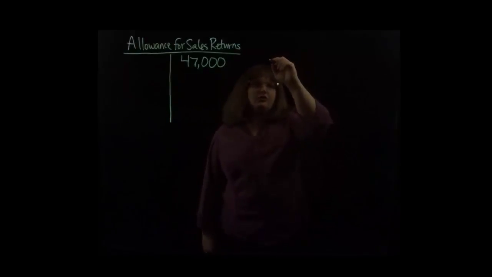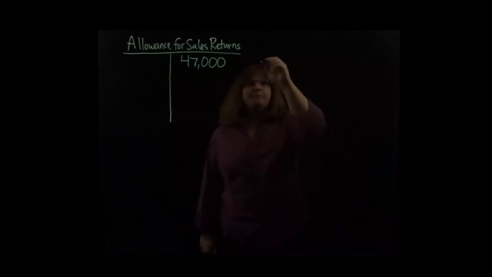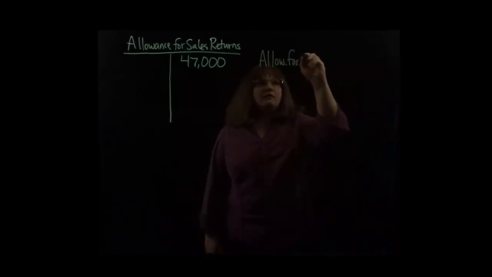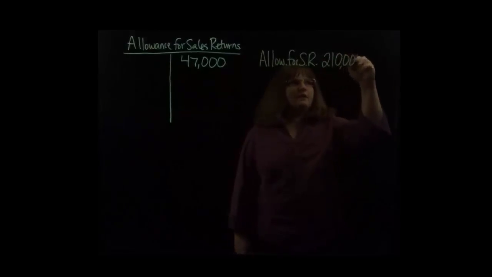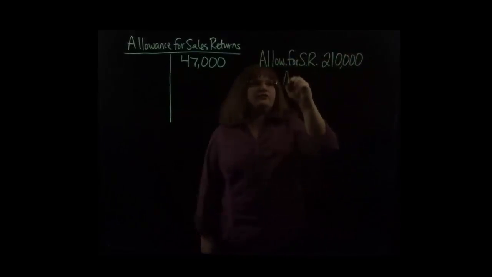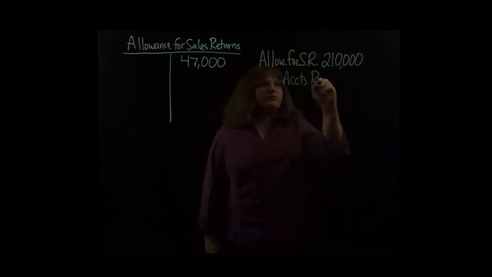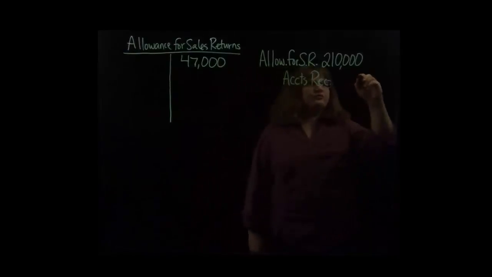When they return those, the entry that we would make, given that we use the allowance for sales returns method, is we would debit the allowance for the $210,000, and we would credit accounts receivable because we would be giving the customers credit for those returns.